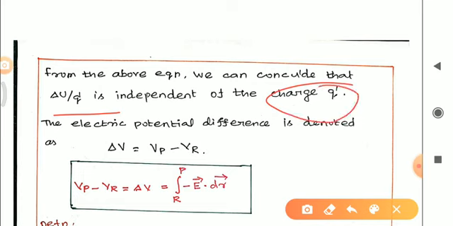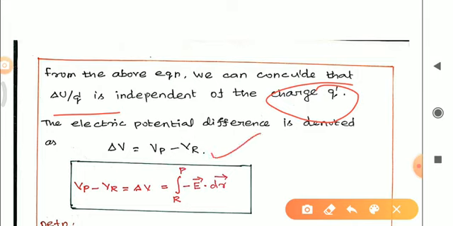What is charge q dash? That is nothing but the test charge. So the difference of potential energy per unit charge is independent of the test charge. Then the electric potential difference can be denoted as del V, which is Vp minus Vr, otherwise Vr minus Vp.